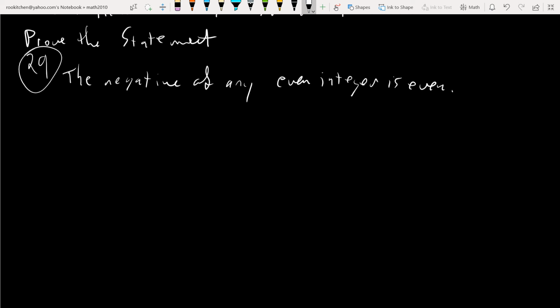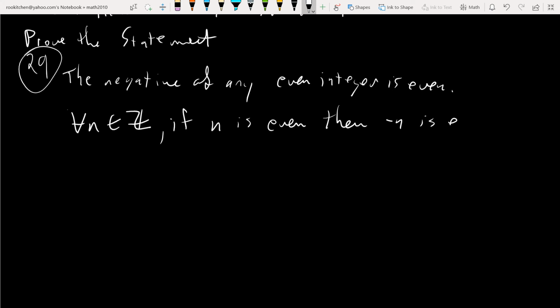So what's the deal with this guy? It's the negative of any. So for all n in the integers, if n is even, then negative n is even.